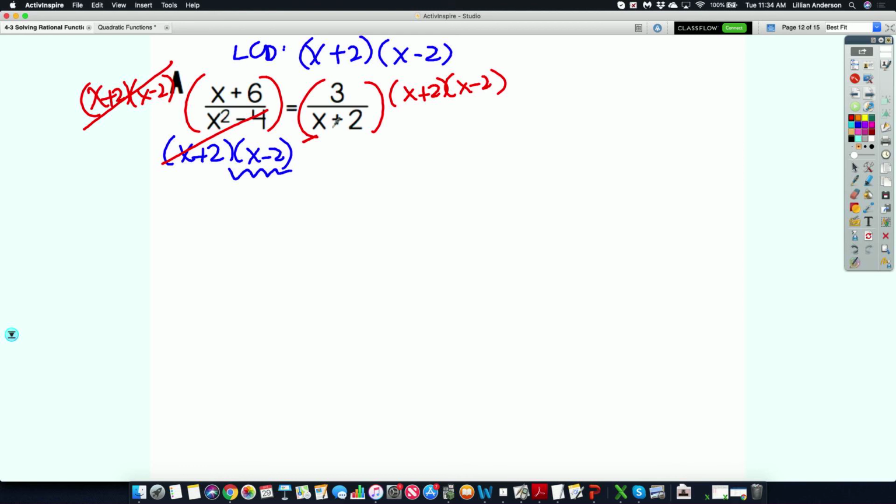But over here, the x plus 2 would cancel out, and you'll still be left with an x minus 2. So x plus 6 equals 3x minus 2.